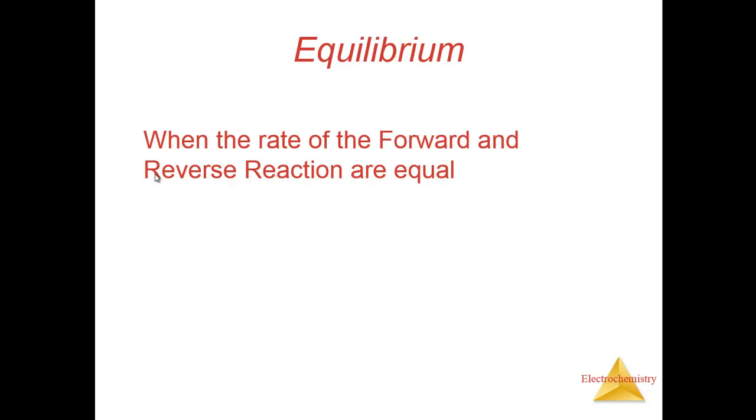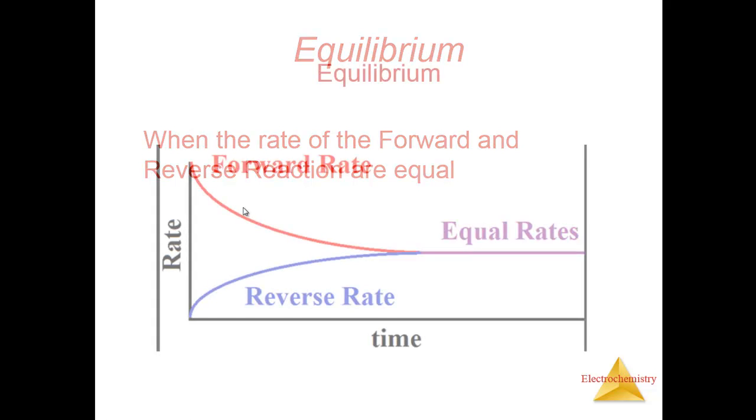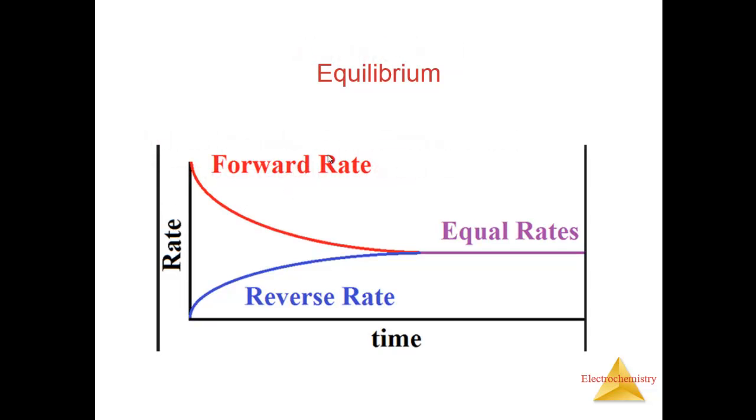Okay, so equilibrium means that I have the rate of a forward and a reverse reaction that are exactly the same. Here's what it looks like. If I have a forward reaction where the concentration of reactants is going away, and the reverse reaction where the products are going away, we are at equilibrium when we reach the point in purple here where the rates of the two are the same.